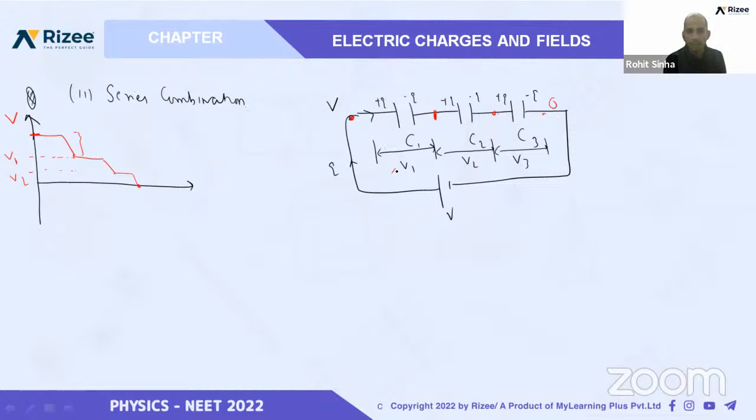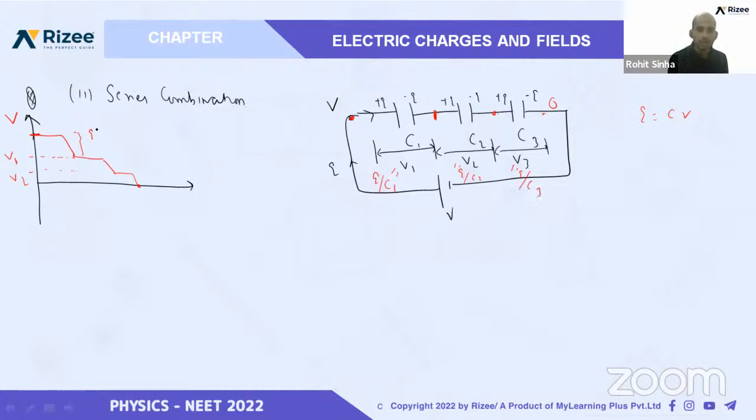We know Q is equal to CV, so V is equal to Q by C. V1 is equal to Q by C1, V2 is equal to Q by C2, V3 is equal to Q by C3.